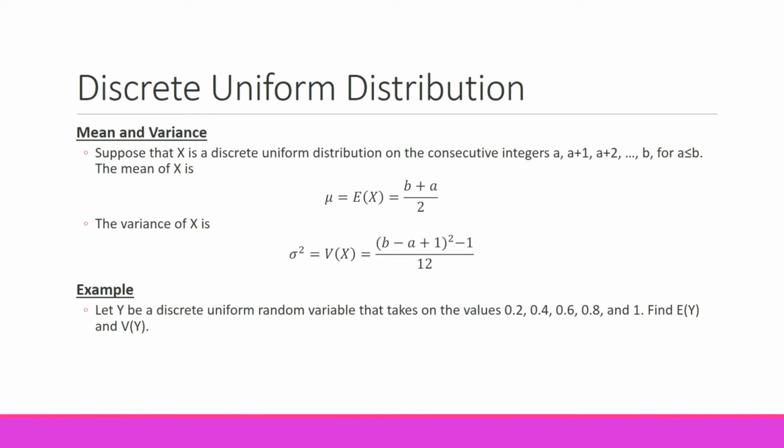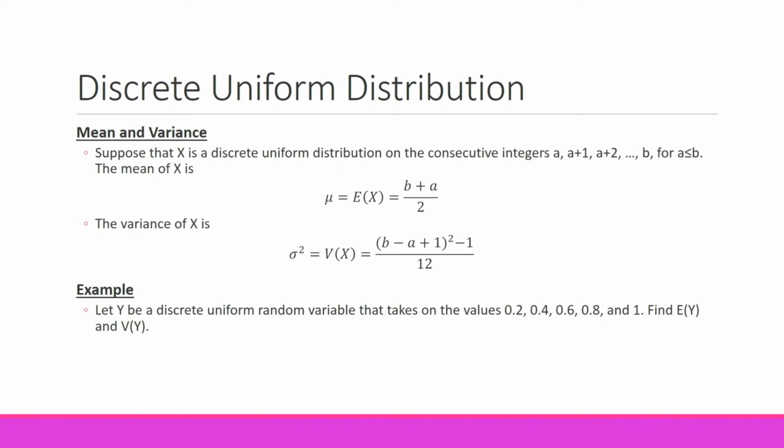So let's say that y is a discrete uniform random variable that takes on the values 0.2, 0.4, 0.6, 0.8, and 1. Now, what we want to find is the expectation of y and the variance of y.